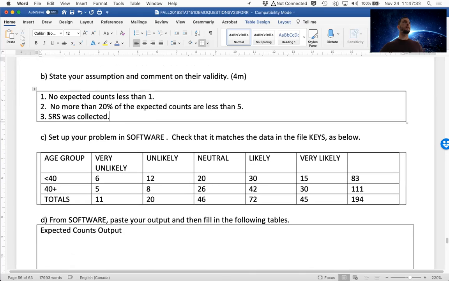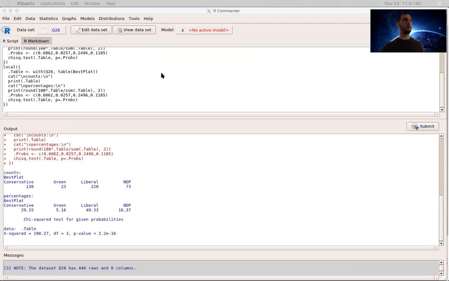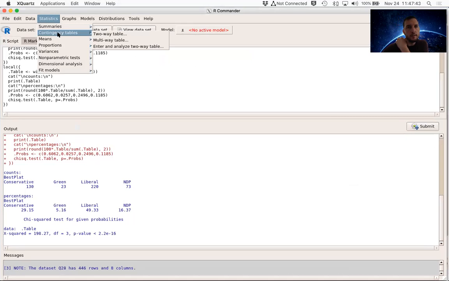So to do this, we will use Rcmdr. So what we will do is in Rcmdr, we will go statistics, contingency tables, enter and analyze two-way table. So in this particular illustration, we are not given the data beforehand. We are being asked to basically perform the whole procedure ourselves.